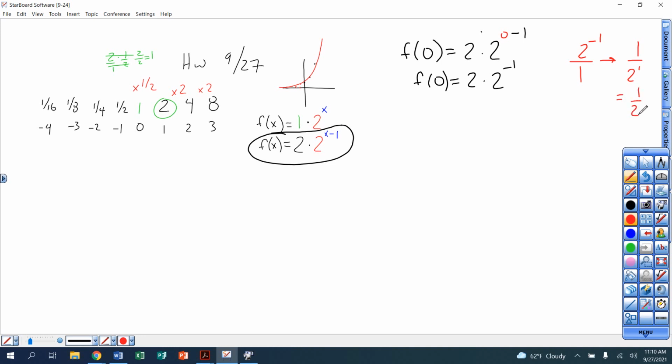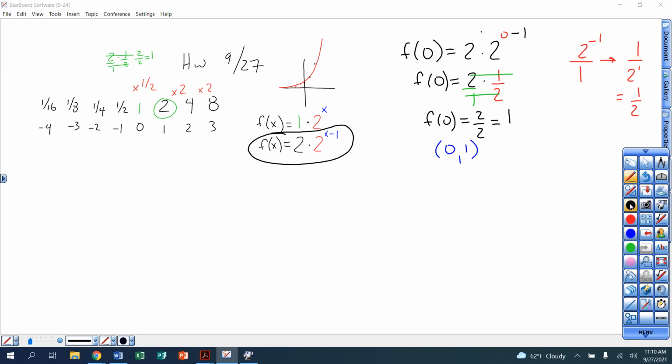I know negative exponents are kind of weird, but that becomes 1/2. And then because I'm timesing that 2 times 1/2, that gives me the function at the 0 term is 2 over 2, which equals 1. Should match that first coordinate right there. X is 0, y is 1.